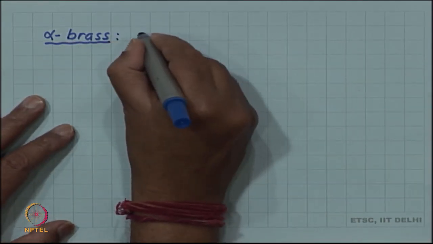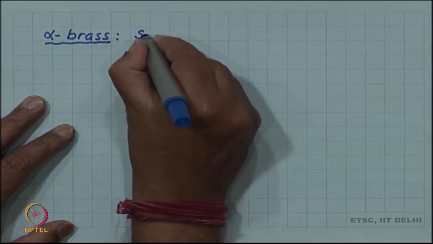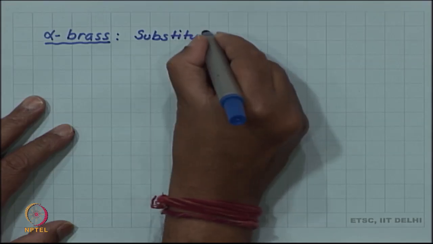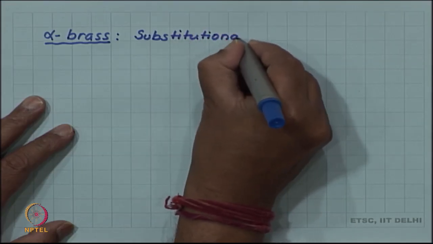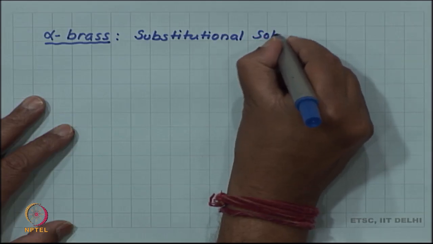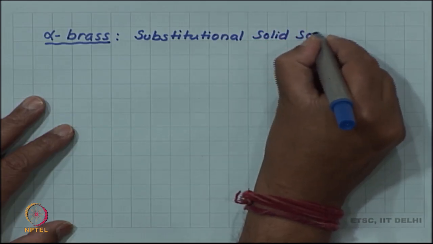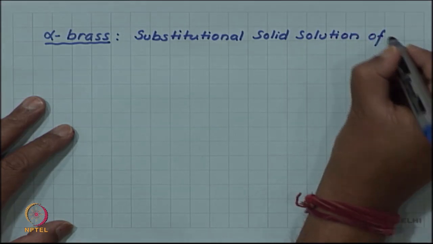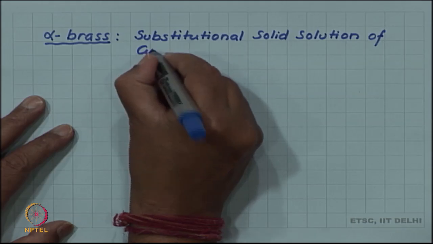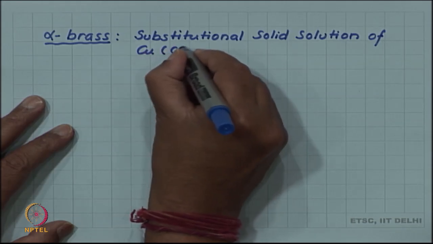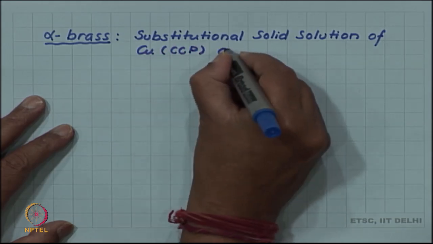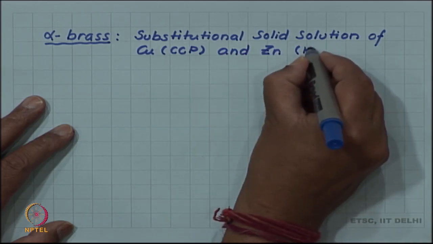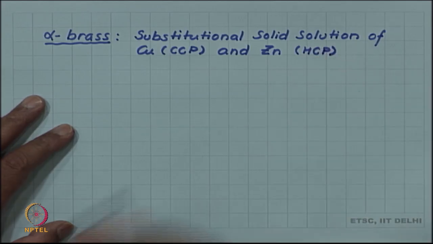Alpha brass is a substitutional solid solution of copper, which is cubic close packed, and zinc, which is hexagonal close packed.